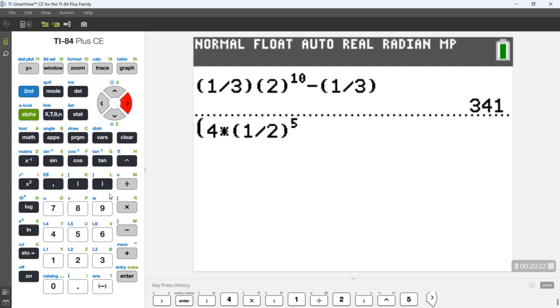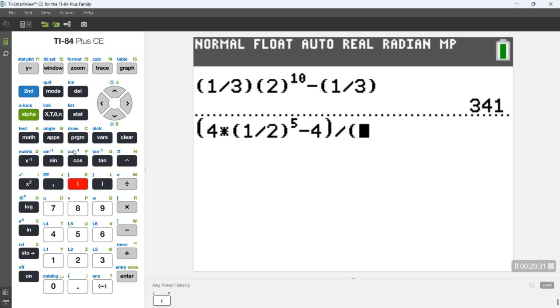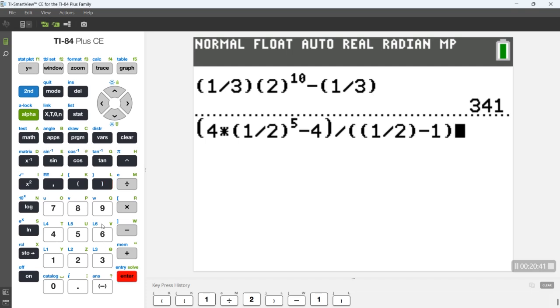The rest of my numerator was minus 4, close parentheses, and now I'm going to divide by my denominator, so I'm going to include a new set of parentheses, and I've got 1/2 minus 1, close parentheses. Now, if I do this all correct, I should get 7.75.